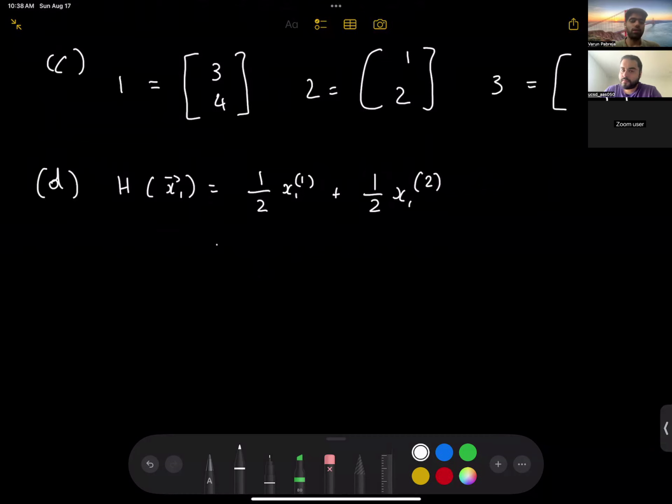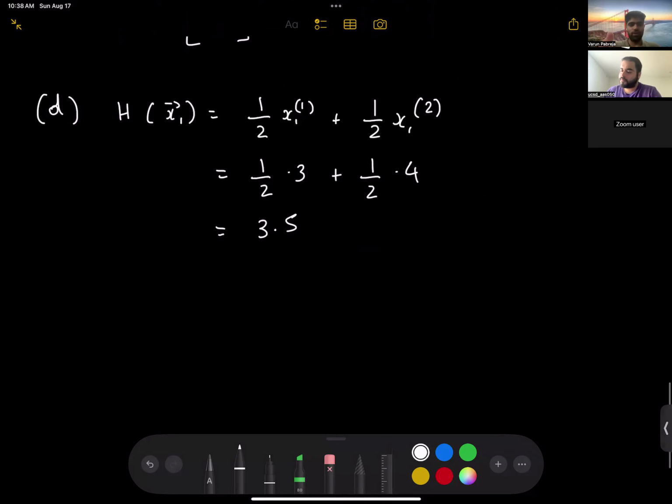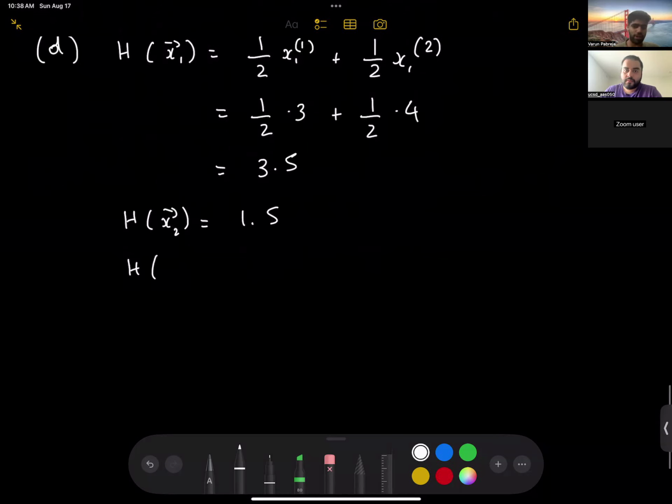And that's just 1.5 plus 2, which is 3.5. And you plug and chug with h(x2) and h(x3) to get 1.5 and 4.5. Yeah, perfect.